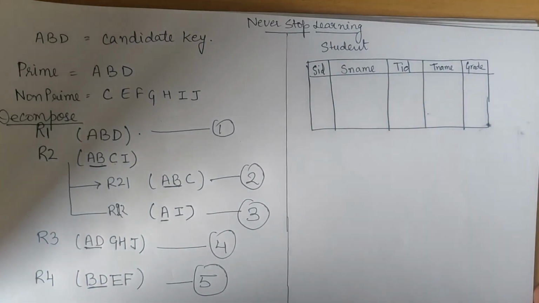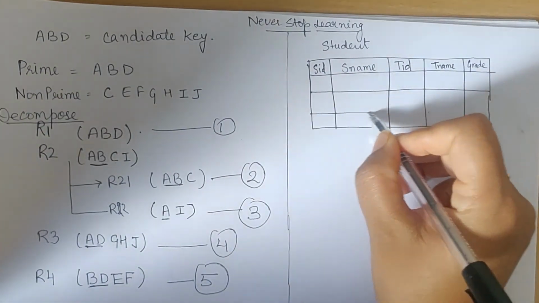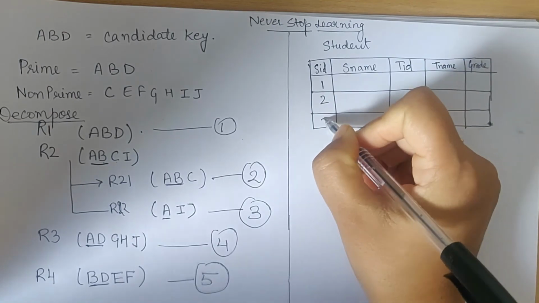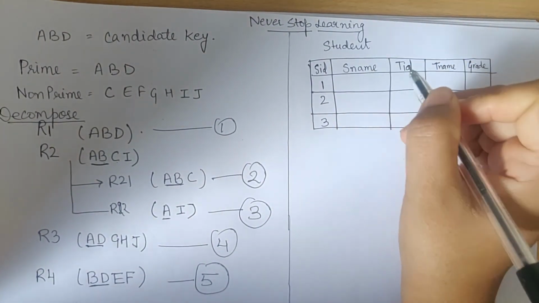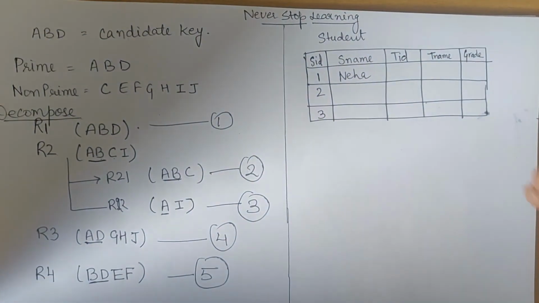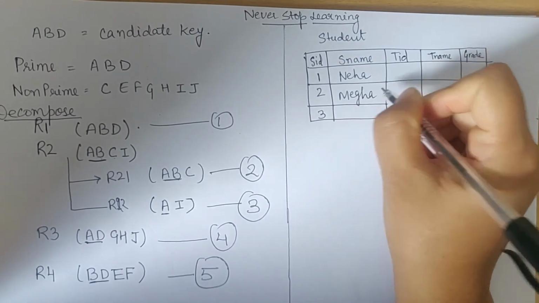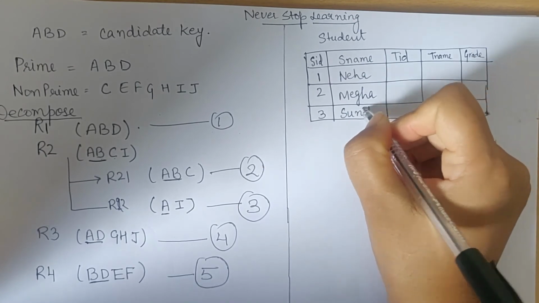Now let's insert some data in this. Let us suppose my student ID is like this. Let me give some student names randomly: Neha, Megha and Sunil.